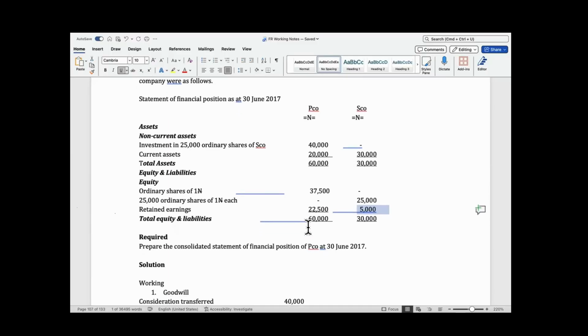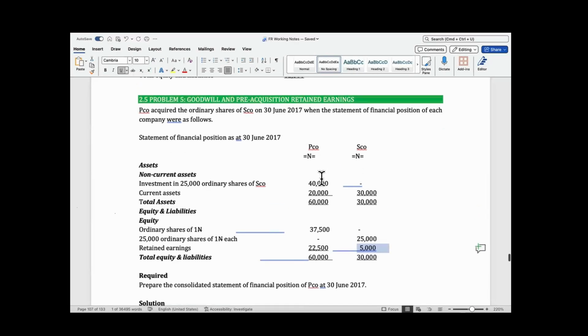And I can hear a lot of you talking about goodwill. You're perfectly right. I think Michael also mentioned it. And why that is coming up is because we acquired 100% in ESCO.